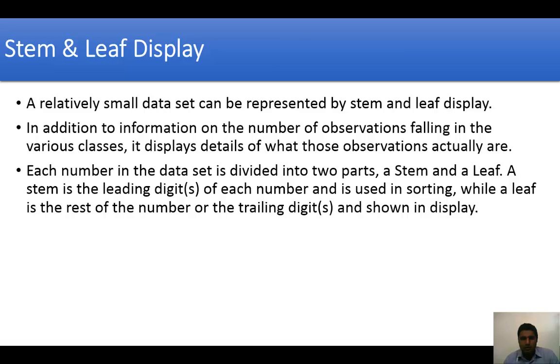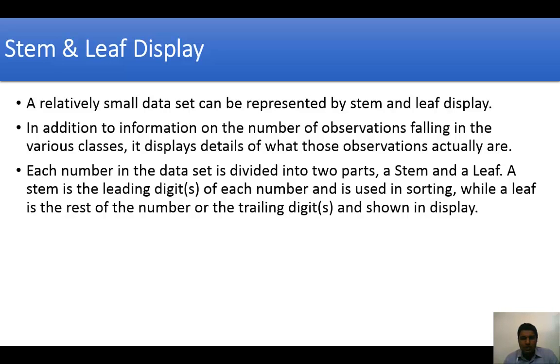Well, the last topic we are going to discuss today is the stem and leaf display. Moving from frequency distribution to the stem and leaf display, let me talk about one or two things here which are really important. We prefer to use this graph for relatively small data sets, and you will see it gives us additional information as compared to frequency distribution or histograms.